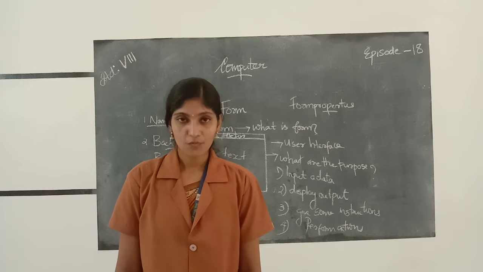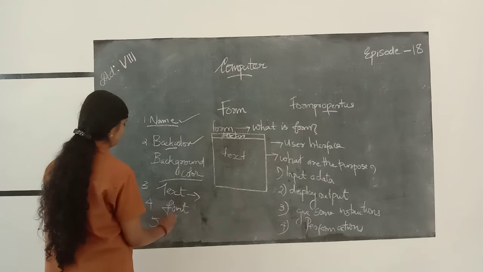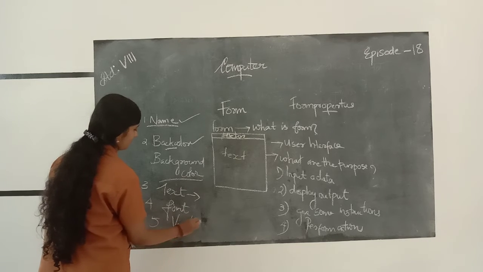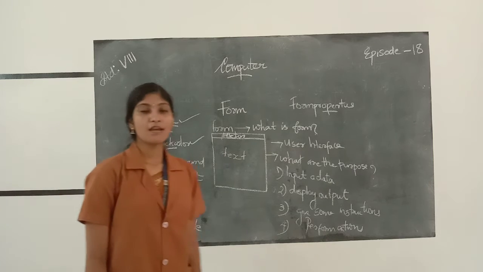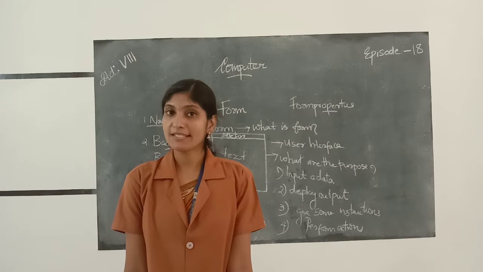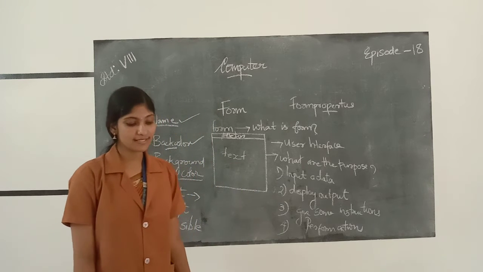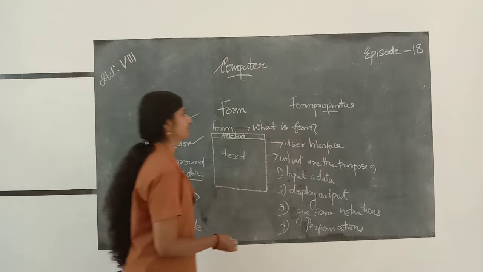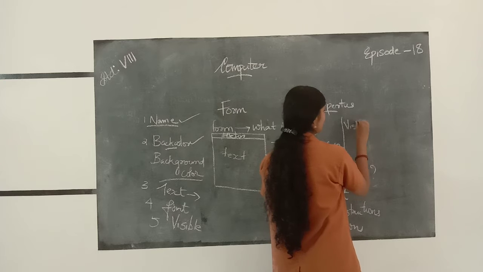Next one is visible. So the next property is visible. Visible means if you want this form to be visible during runtime, you can set visible is equal to true.